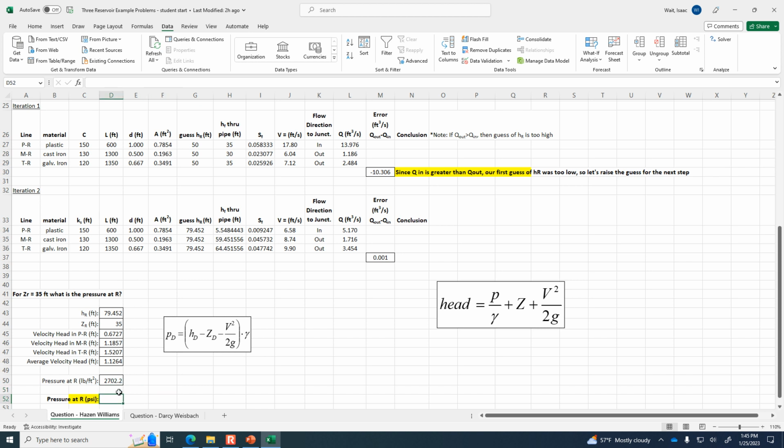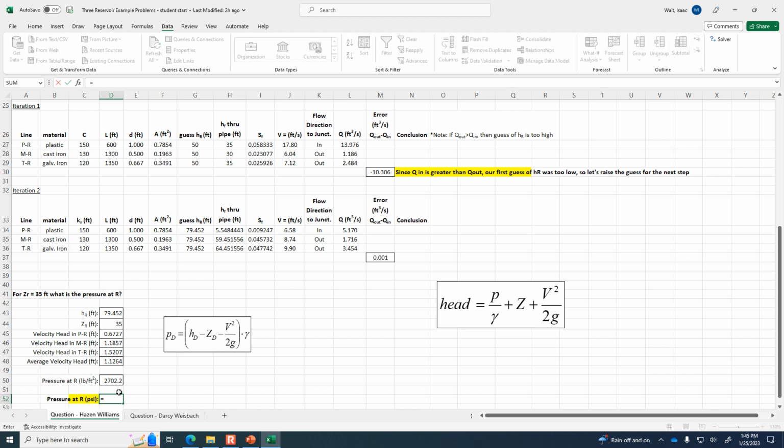And then how do we get psi from that? Divide by 144, because if you've got 2,700 pounds on a cubic foot, then on just one square inch is going to have much less than that. We have to divide by 12 and divide by 12.